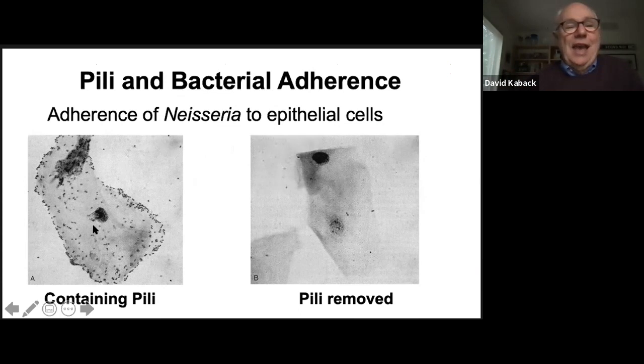When you look at the bacteria attached to a regular cell that hadn't been put through the blender, you can see bacteria easily attached to the epithelial cell, shown here, these dark spots of the bacteria, whereas the depilated bacteria do not adhere to the epithelial cell.